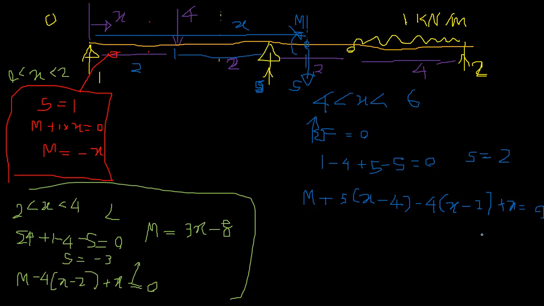Is that right? Yes, it's correct. So M is equal to minus 2x plus 12, right?